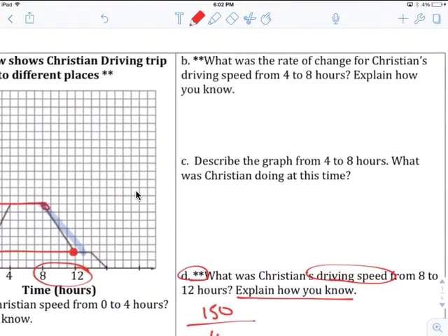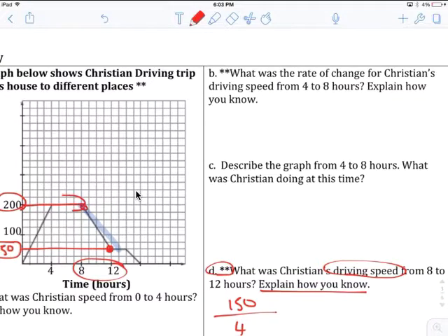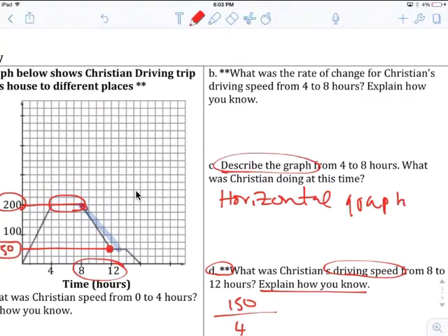Okay, describe the graph from 4 to 8 hours. Horizontal graph. What was Christian doing at this time?